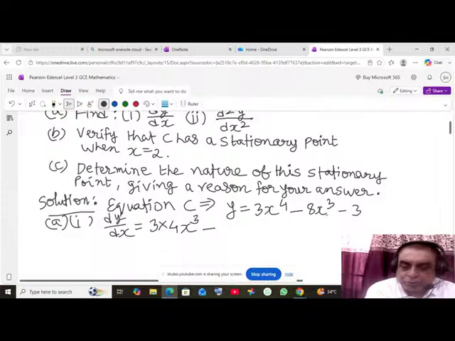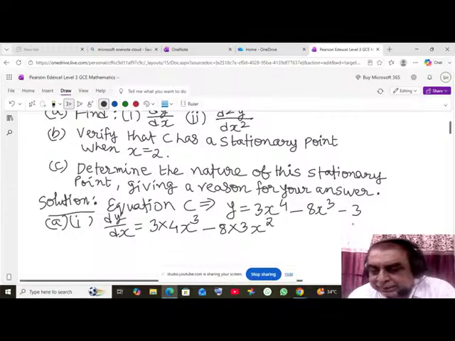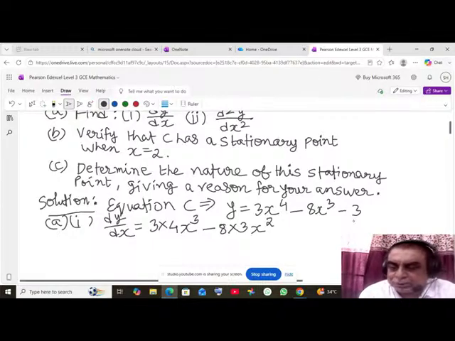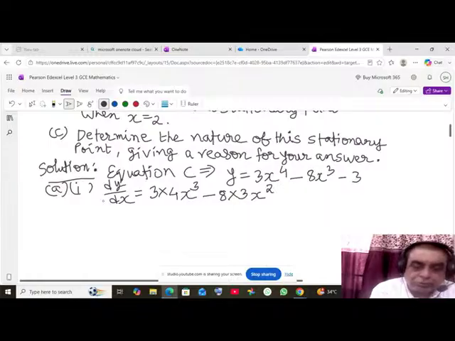The power of x will move down and be multiplied with the coefficient 8, so 3 comes down and the power of x reduces by 1, so 3 minus 1 becomes 2. The differential coefficient of a constant is 0, so d/dx of minus 3 is 0, no need of writing it.